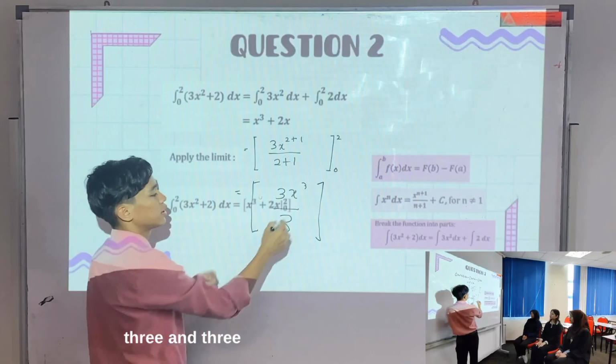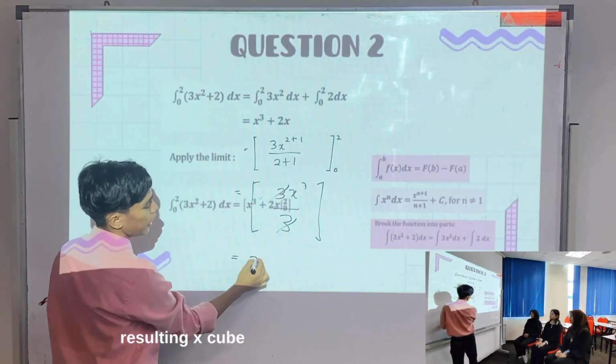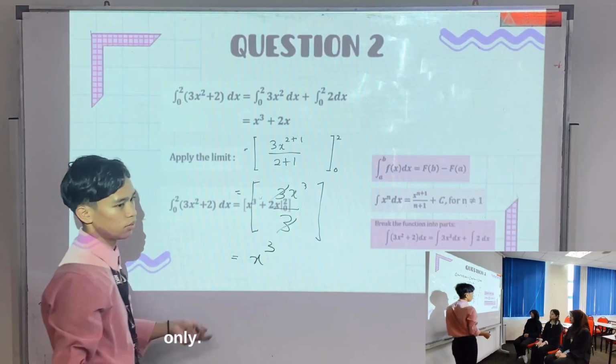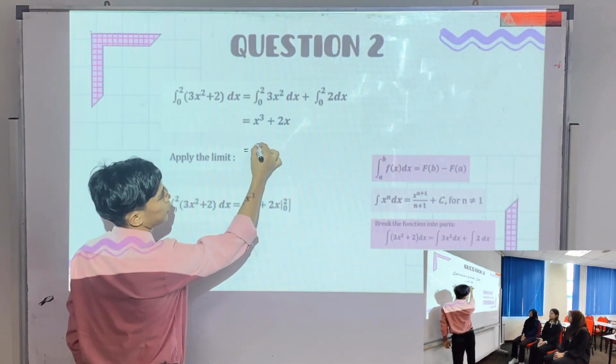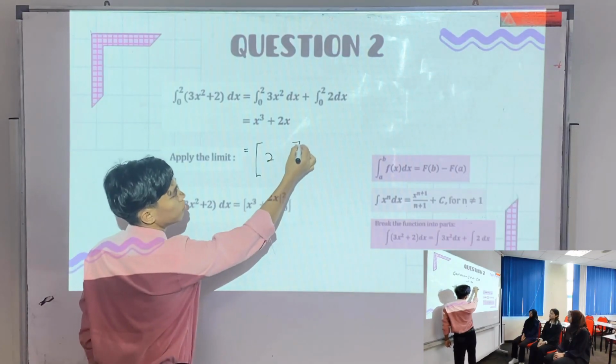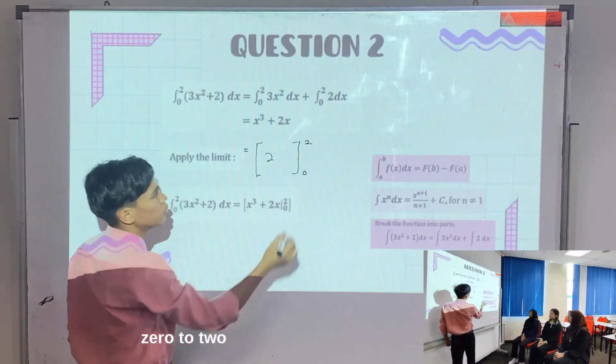We can cancel 3 and 3, resulting in x cubed only. Next, for 2, we integrate with the limit the same as before, 0 to 2.